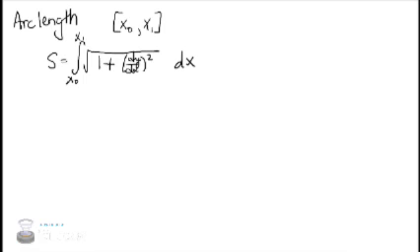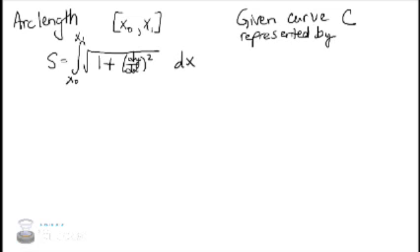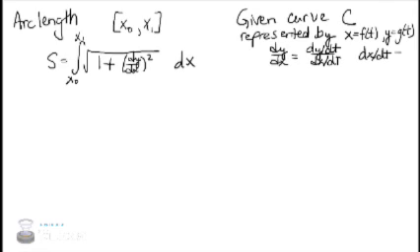So what we want to imagine is that we're given a parametrically defined curve, we'll call it C, represented by x equals some function of t and y equals some function of t. In this case we know that dy/dx is actually dy/dt over dx/dt, assuming of course that dx/dt does not equal 0.